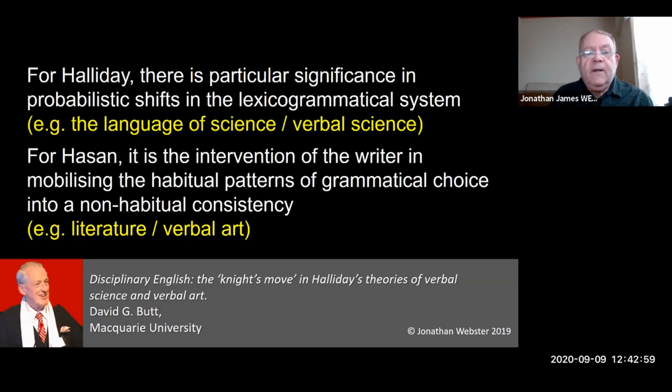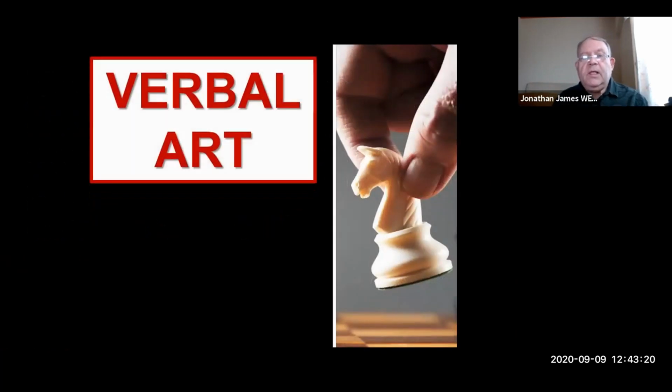But when it comes to metaphor in verbal art, it becomes something quite different. It is the intervention of the writer in mobilizing the habitual patterns of grammatical choice into a non-habitual consistency. And that's what I'm going to explain. Our discussion is going to be on verbal art.